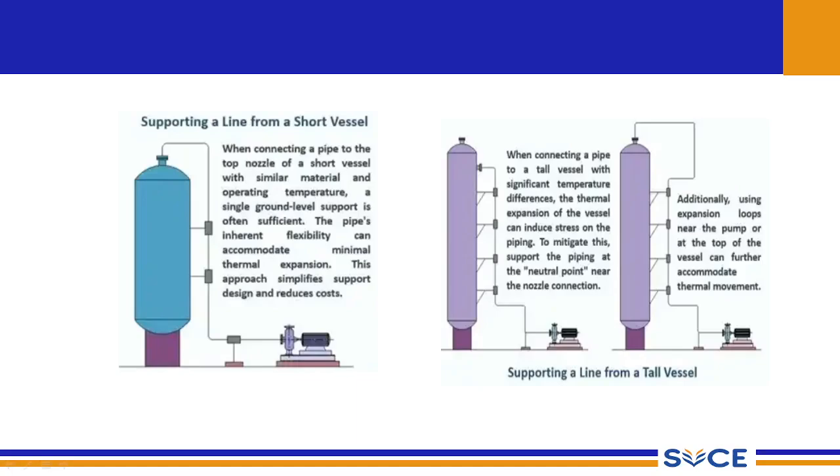So now we will move on to a supporting line from a tall vessel. In this case, we are connecting a pipe to a tall vessel with significant temperature differences. For example, you may consider an atmospheric distillation column which processes crude oil.